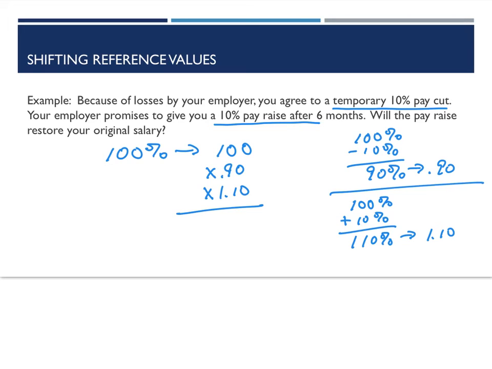That multiplies to 99%. If I started with 100%, I'm going to end up with 99%. So what that says is after 6 months, I'm going to be making 1% less than I did before.